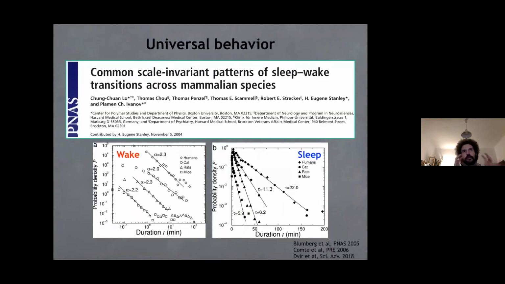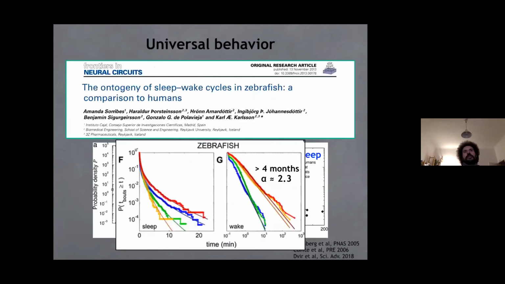this duality of power law and exponential distribution has been observed in many different mammalian species, and lately has also been observed in zebrafish.